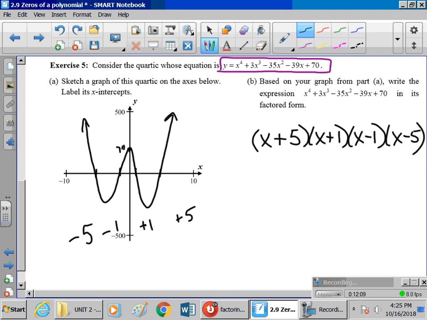So whenever they ask you for the roots of a function and they tell you to do it algebraically, you can always cheat just a little bit. Go to your calculator, graph it, and see what the roots are based on what your calculator tells you, and then kind of work it backwards.